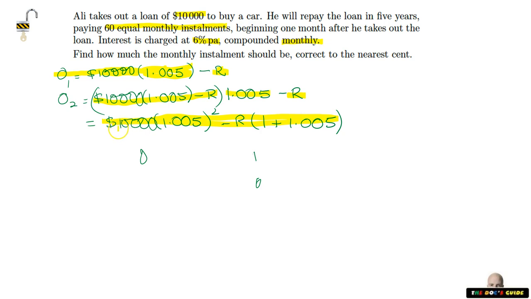But this is where there's another interpretation. This little bit here, 10,000 multiplied by 1.005 squared, is what the bank could have got for its $10,000 if it invested it.